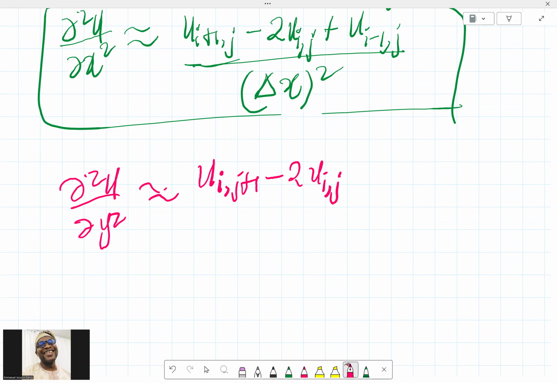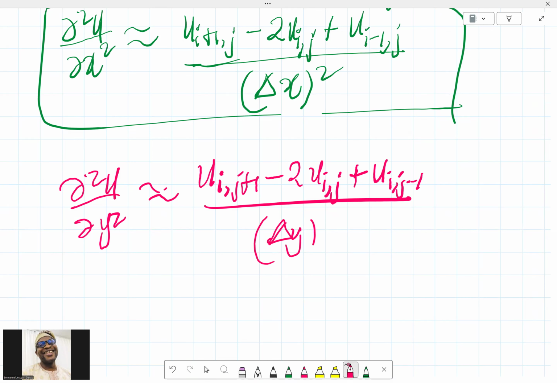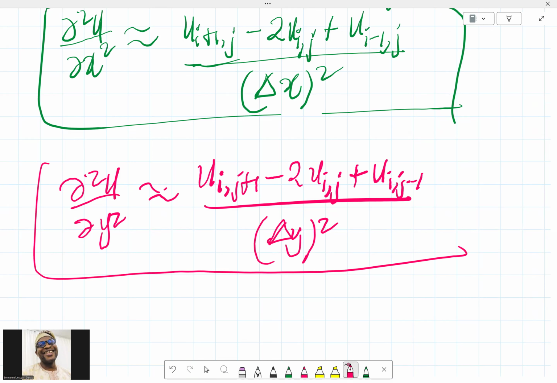So this is the finite difference approximation for that also.